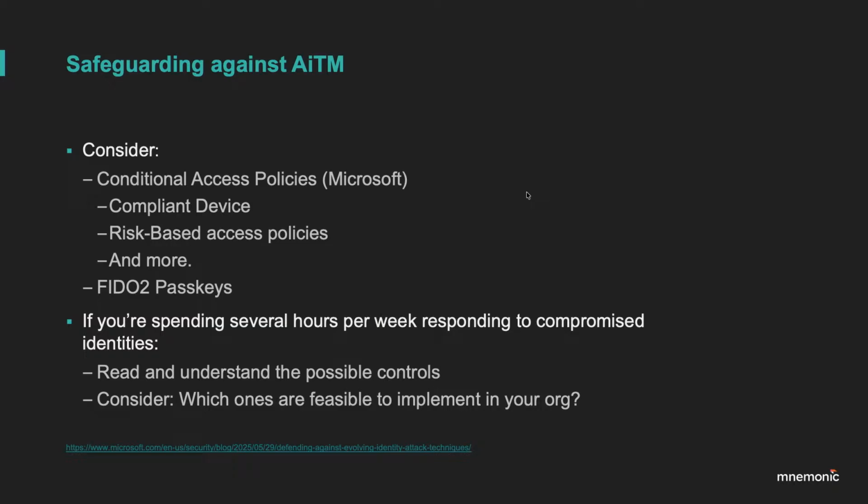Now, together with making sure that you only allow compliant devices, risk-based policies will make it quite difficult for threat actors to successfully exploit credentials if the user has been phished. And if that doesn't work, I know they're not the cheapest around, but you have FIDO2 passkeys, the YubiKeys, and things like that.